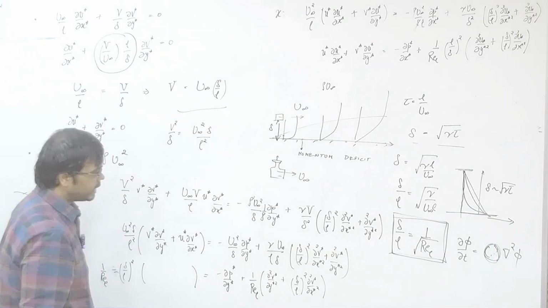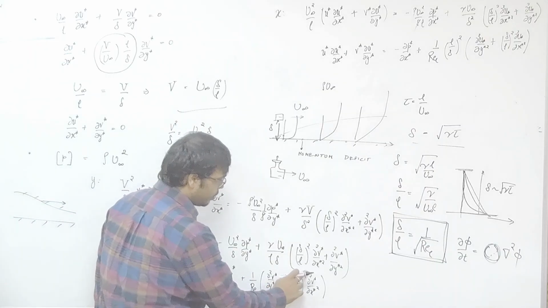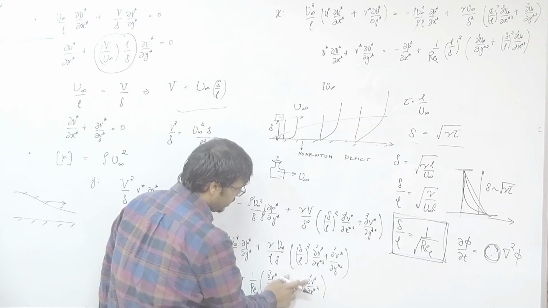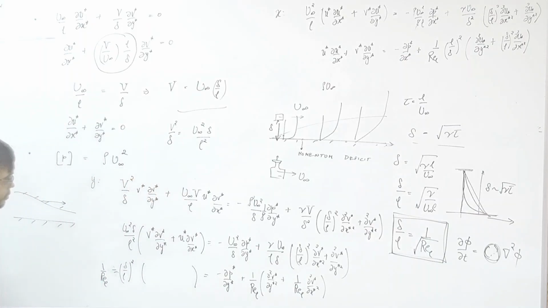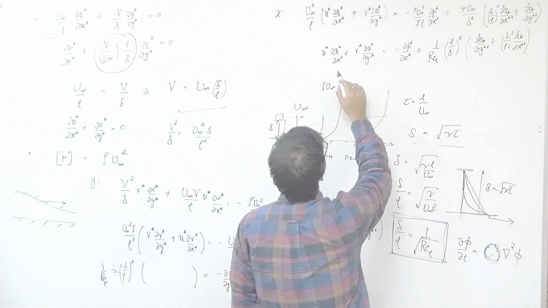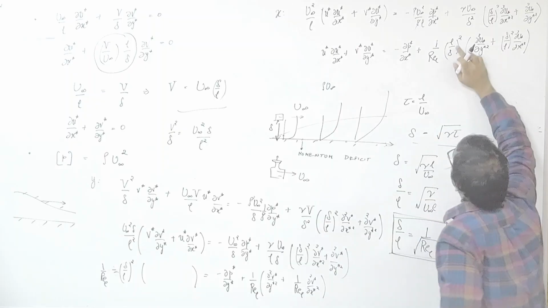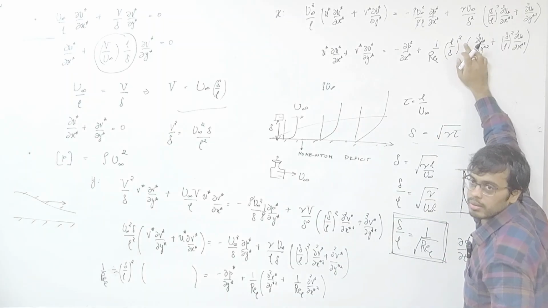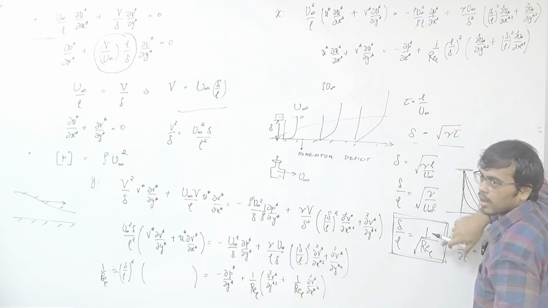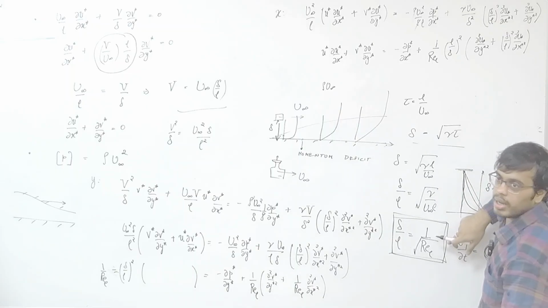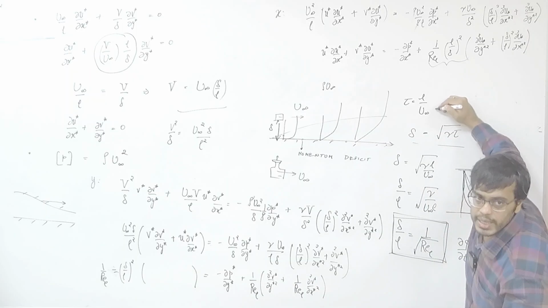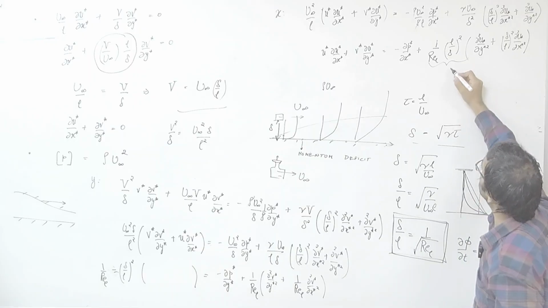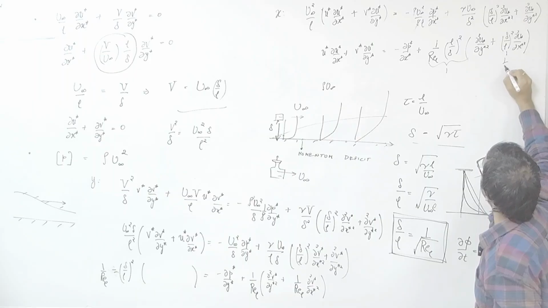You have 1 by REL here as well, and this delta by L whole square inside is also 1 by REL. Similarly, 1 by REL times L by delta whole square, what is that? It is 1. L by delta whole square is REL basically. So this is 1, and then this is 1 by REL.